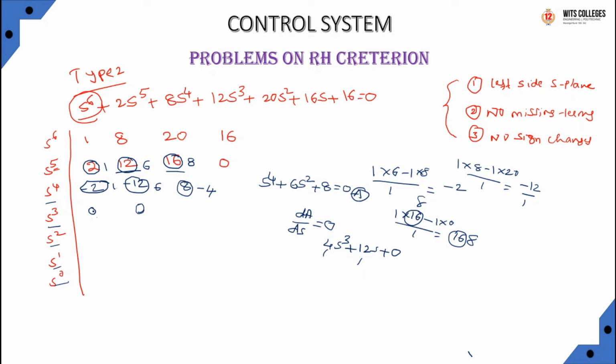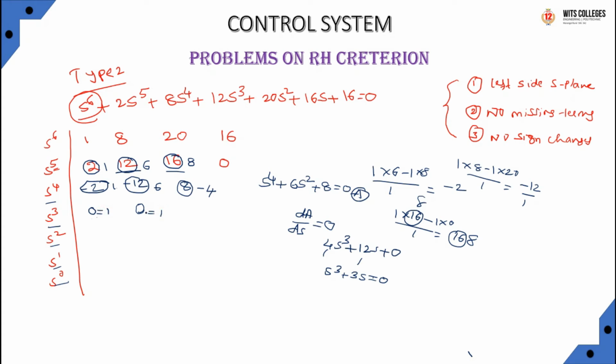In the place of the zeros, we substitute these coefficients, 4 and 12. Again, dividing by 4, we get s cube plus 3s equal to 0, where the coefficients are 1 and 3. In the place of the zeros, we substitute 1 and 3.